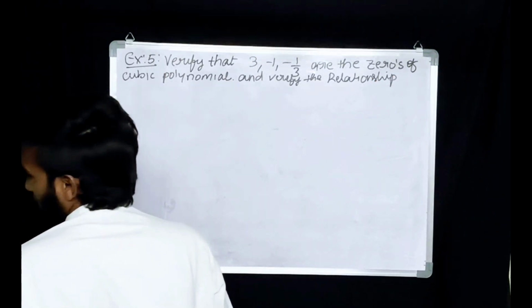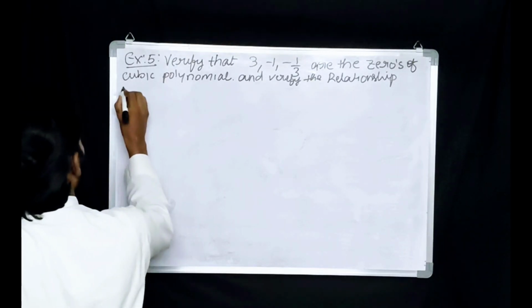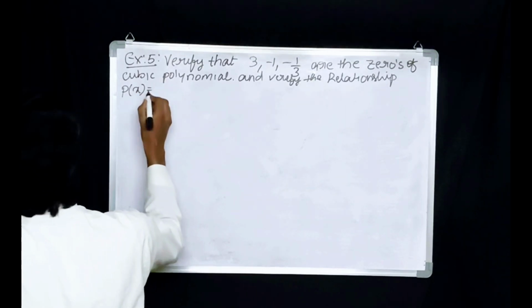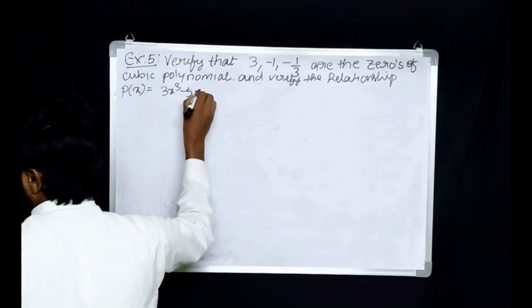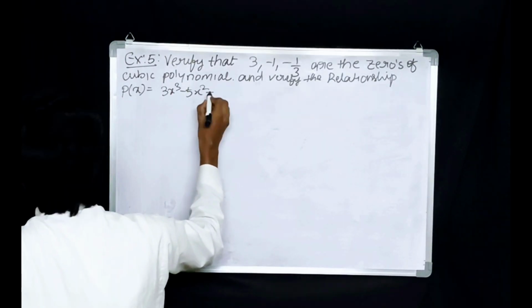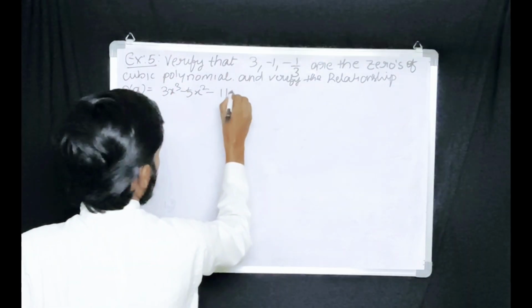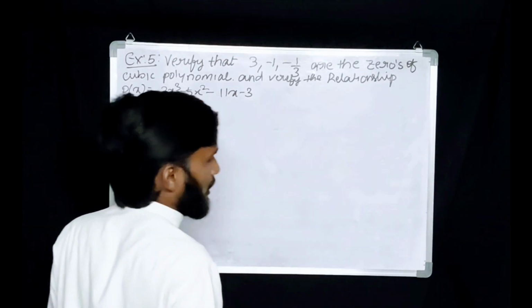What is the polynomial? The polynomial is p of x is equal to 3x cube minus 5x square minus 11x minus 3.